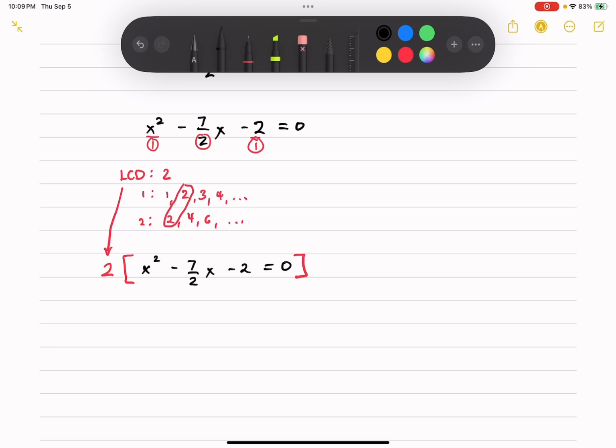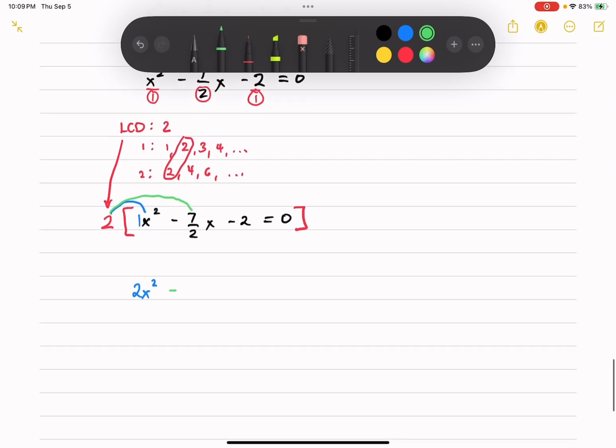So, multiply lang natin yan. 2 times x squared, ang makukuha natin ay 2x squared. Kasi, this is 1 eh. 2 times 1 is 2. And then, x squared. Write mo lang yun. Then 2 times negative 7, that will give us negative 14 kasi 2 times 7 is 14 over 2, i-rewrite lang yung 2, then x, i-rewrite.